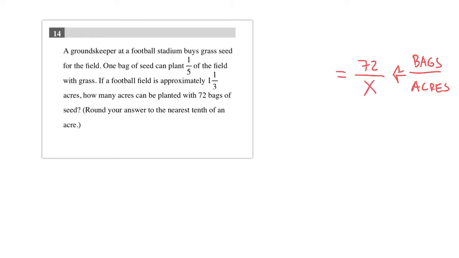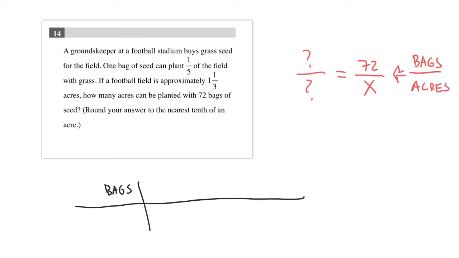So we'll call that X. And then once again, we're going to want to set this equal to some other fraction that would relate bags to acres. Because if we had a number here and a number here, then of course we could cross multiply. So our goal is to relate bags to acres somehow. So I'm going to have the word bags up here.